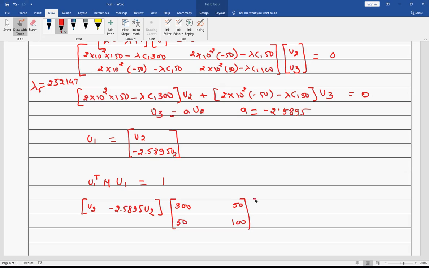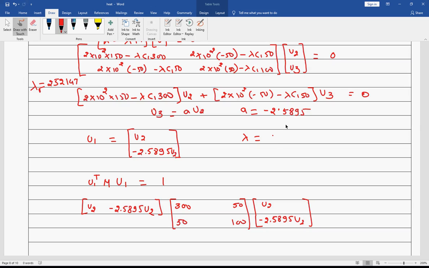This is my mass matrix, and then I'll have the U matrix: U2, minus 2.5895 U2.